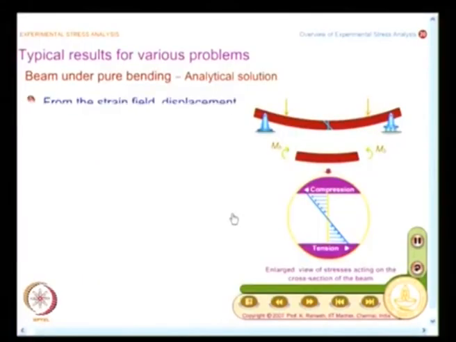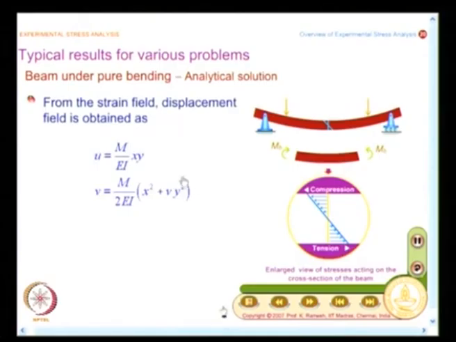Now, when I look at this, I can get the displacement field, and the displacement field is like this. It is fairly simple. I have u equal to M by EI into xy, and this is nothing but the equation of a hyperbola. So, when you plot the contours, they will look like hyperbolas, and you also have an expression for the v displacement, which is given as M by 2EI into x squared plus nu times y squared.